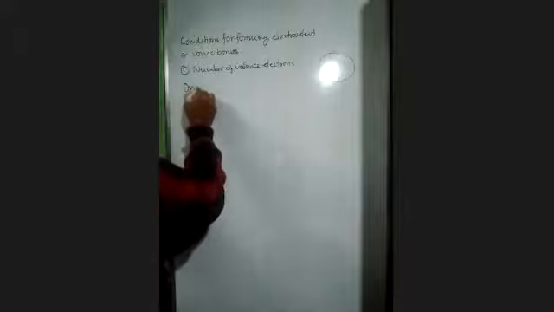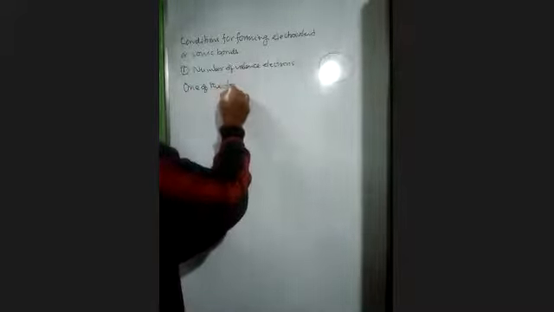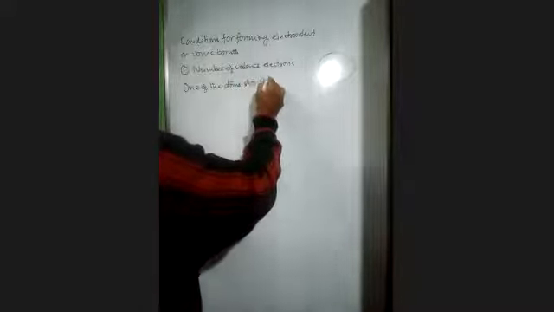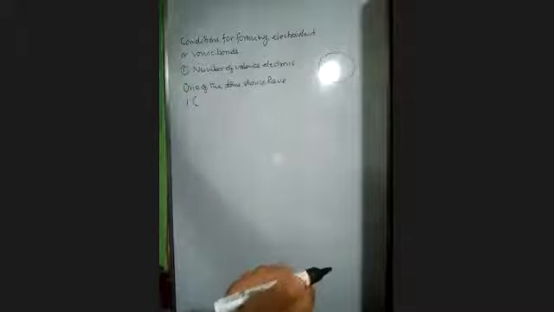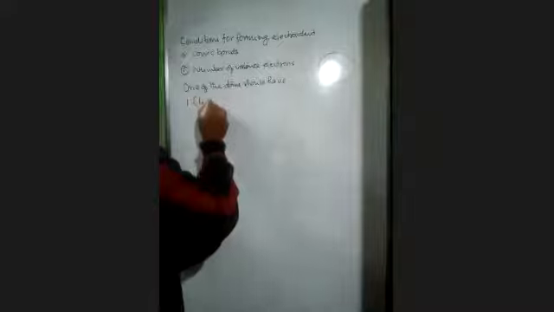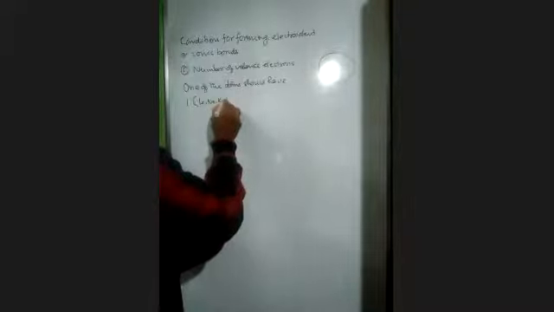One of the atoms should have one valence electron. What type of atoms have one valence electron? You know it: lithium, sodium, potassium, etc.